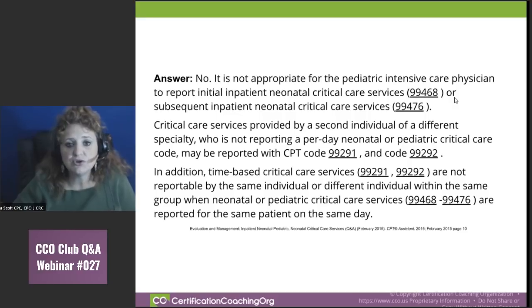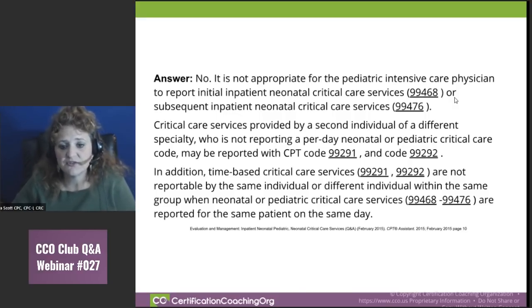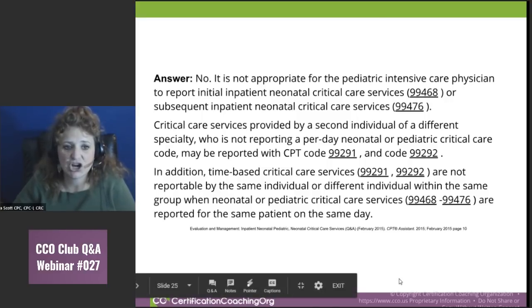They're not going to be able to be used by that same individual or a different individual of the group when the neonatal or pediatric critical care services 99468 through 99476 are reported for the same patient. So you can't code them together.